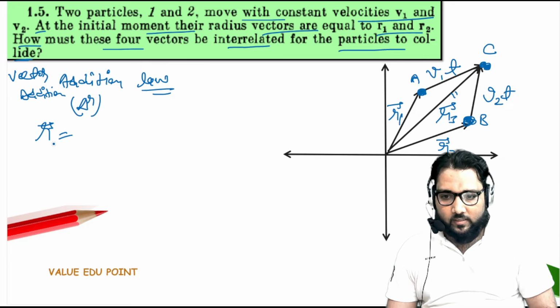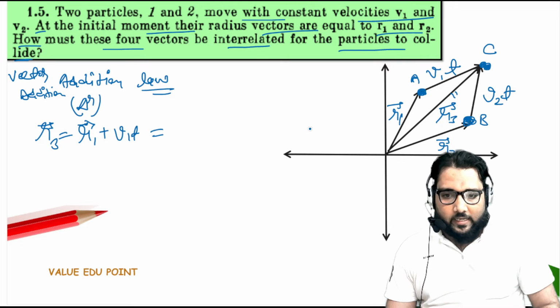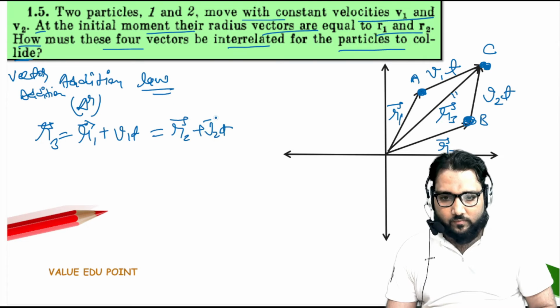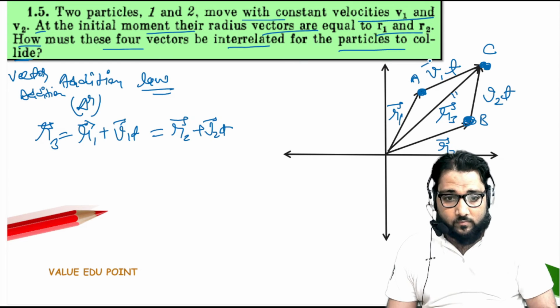The resultant vector r3 is equal to r1 plus v1 t. Is it okay, guys? And for the other triangle, it comes out to be r2 plus v2 t. This is a vector quantity.